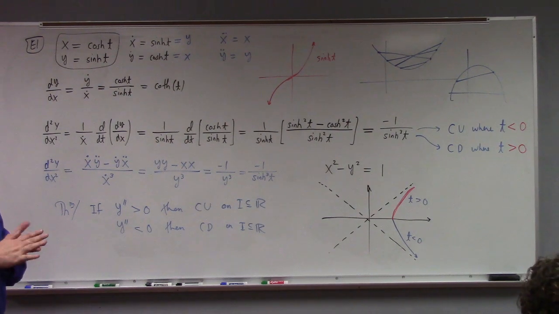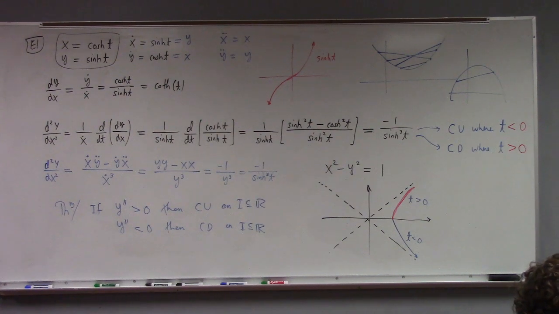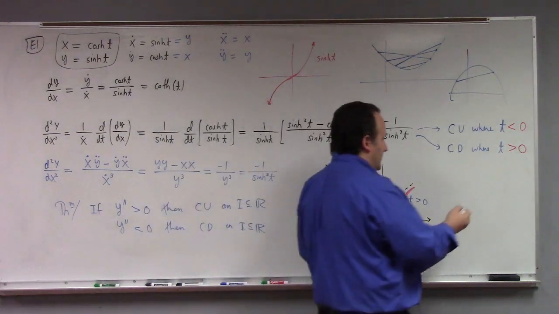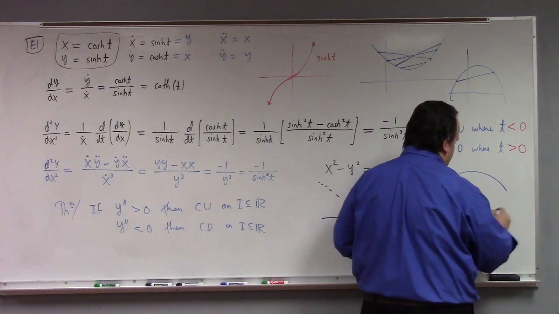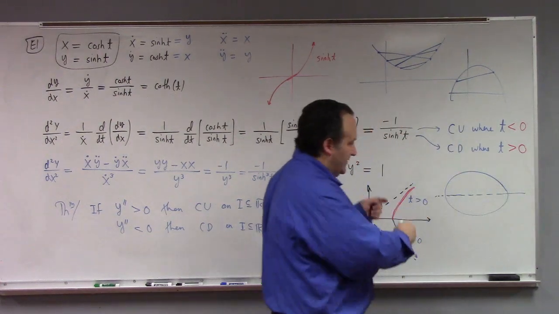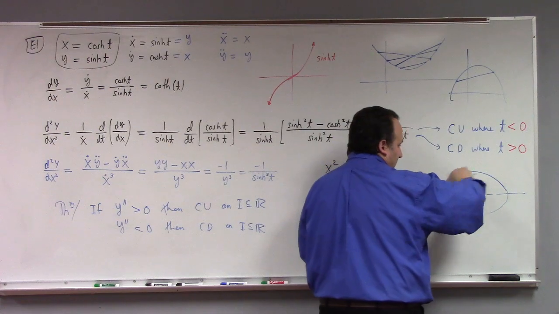Okay. It depends on the formulas. But of course, you can go back to x's and y's and graph it and pretty much easily see. I mean, if you give me an ellipse, I can tell you where it's concave up and concave down, right? But the analysis for t should reflect this, yeah? Mm-hmm. So if that's the dividing line, it should be concave up down here, right? It should be concave down up there.